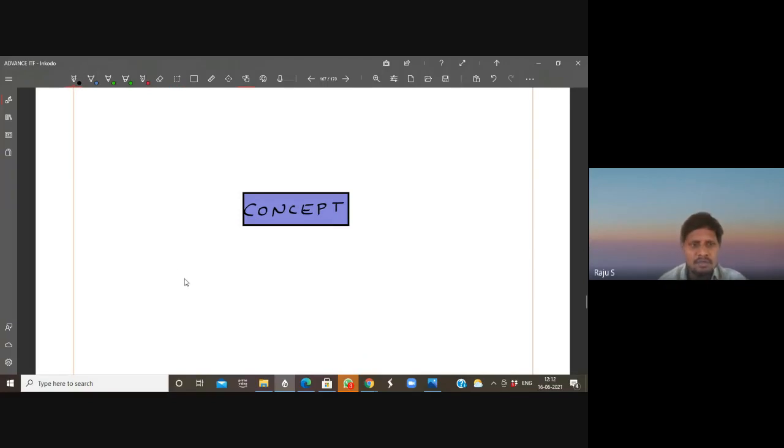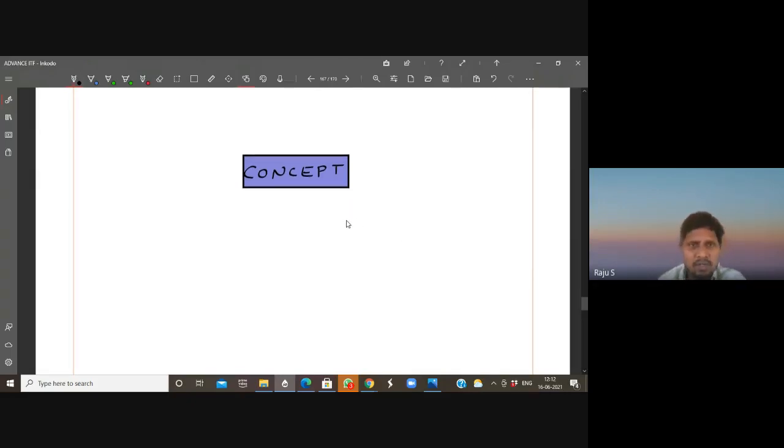What is the general solution for sine theta? What is the general solution for cos theta? And what is the general solution for tan theta? If you know sine, cos, tan, the remaining three are easy.